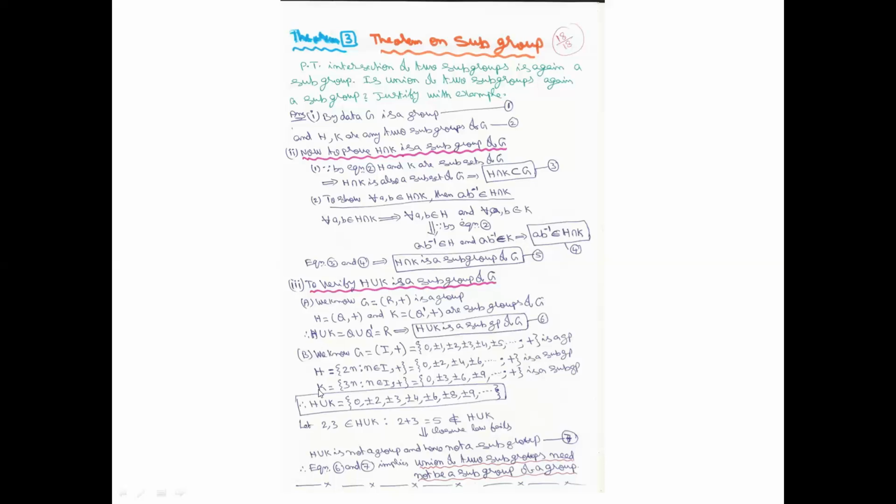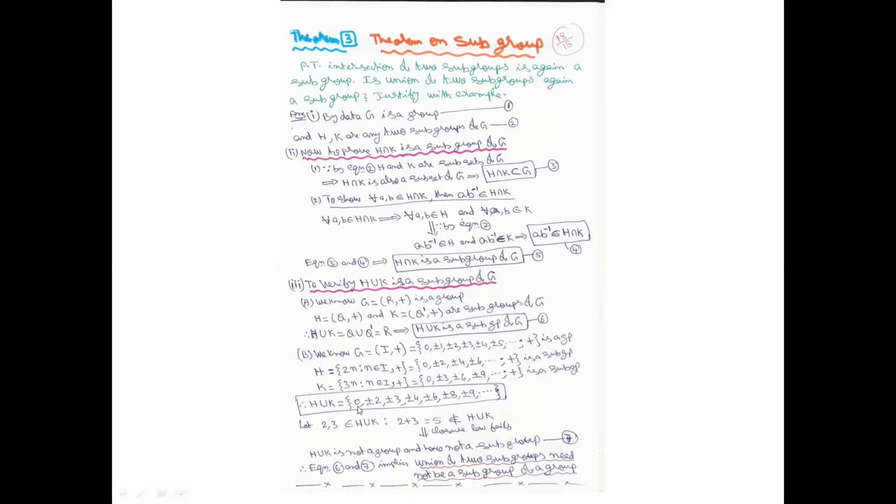What is the union of the two sets H and K? The set of numbers which are multiples of 2, and the set of numbers which are multiples of 3.